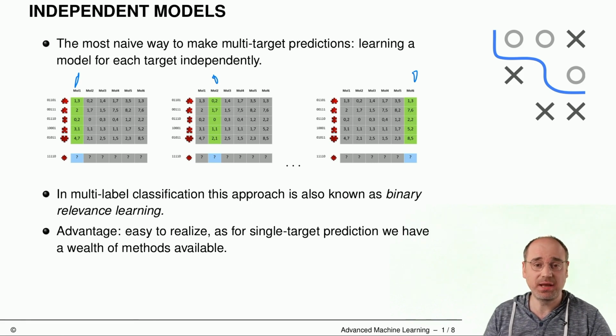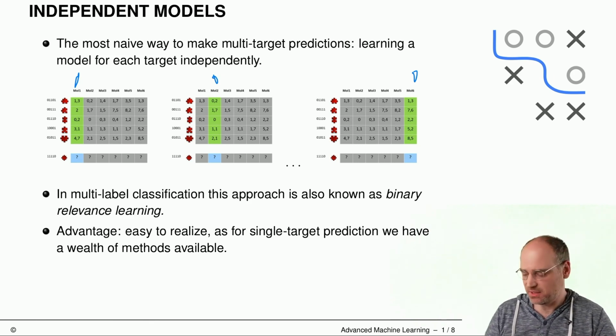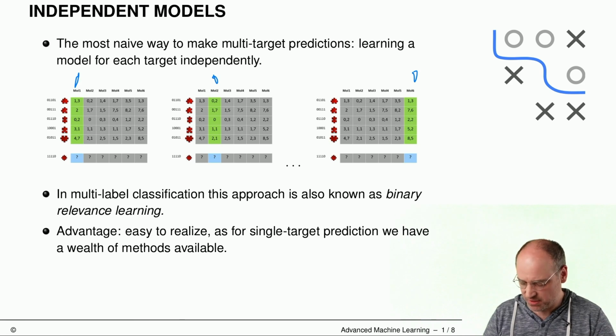This independent modeling with binary classifiers, one binary classifier per column, would be called, somewhat confusingly, binary relevance learning. The name is partially intuitive, but this is how it is usually called in the literature.